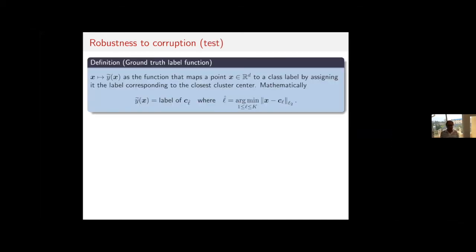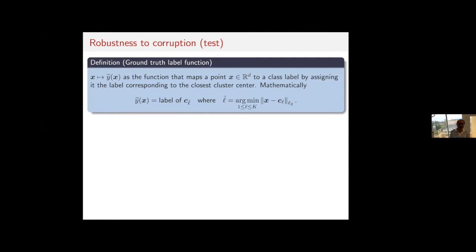A second component of this: not only can you show this for the training data, in fact, you can show this even on the test data, right? For this purpose, define a ground truth labeling function, which, given any input, looks at the closest cluster center to it, and then assigns the class associated with that cluster.